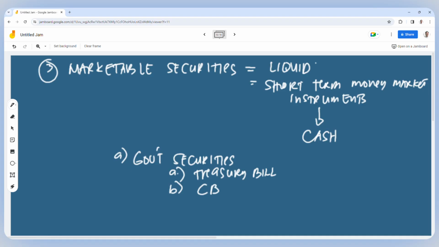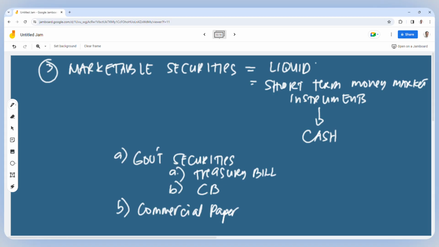By the Central Bank of the Philippines, no? CB bill or mga certificate of bank or bank certificate. Yan. Okay? So, it represent the indebtedness by the central bank, no? Okay? Ano pa? Letter B, yung ating mga commercial paper. So, ano to class? Short-term, unsecured, promissory note, issued by the corporation with a very high standing.